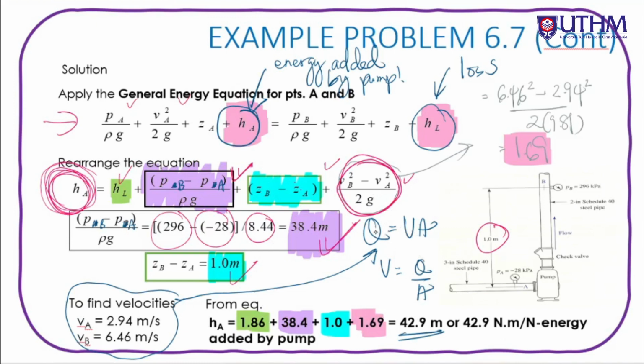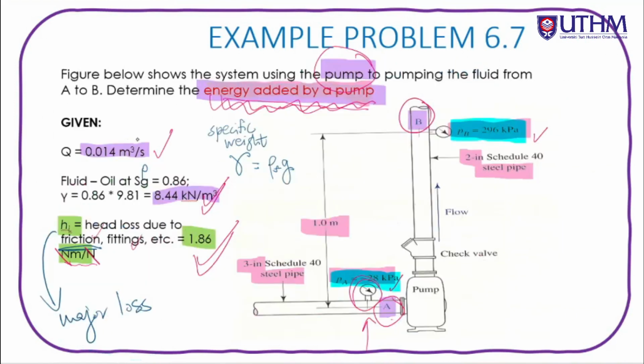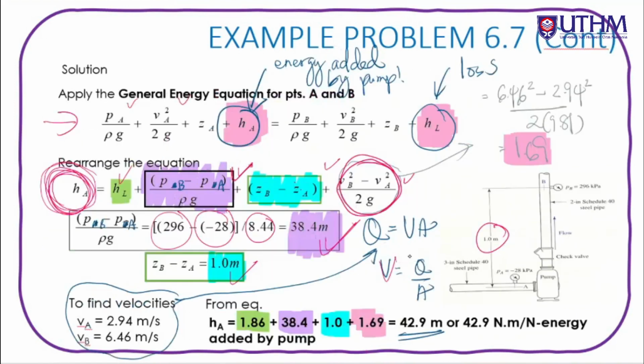Macam biasa kita tahu flow rate equals to VA, so the velocity is Q over A. Since the Q, the flow rate is given, so kita boleh find V1 and V2. Okay, so V1 and V2, the difference is actually dekat dia punya area je lah. Since dekat VA adalah 3 inch, VB adalah 2 inch.